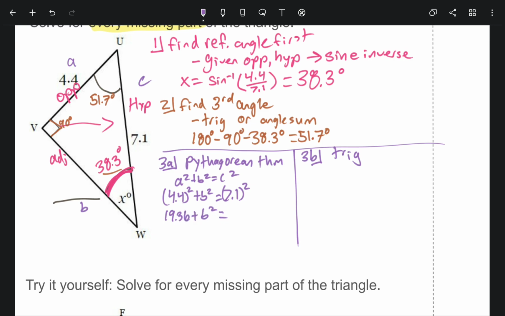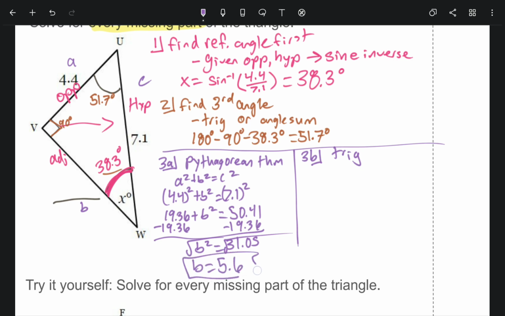B squared is b squared. 7.1 squared is 50.41. Subtract 19.36. We get b squared equals 31.05. Take the square root of both sides. We get b equals 5.6. Okay?